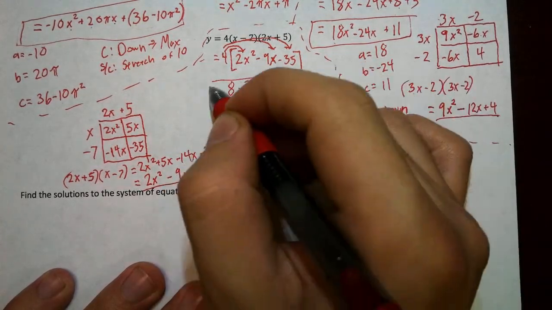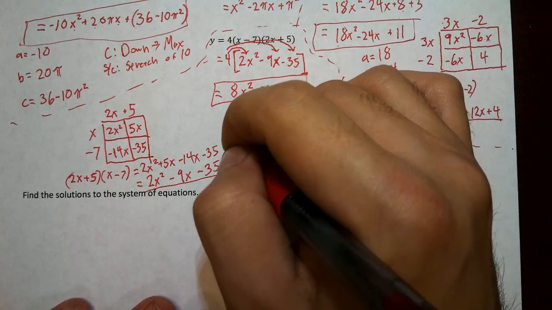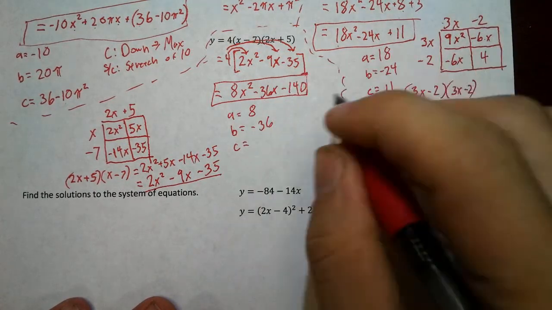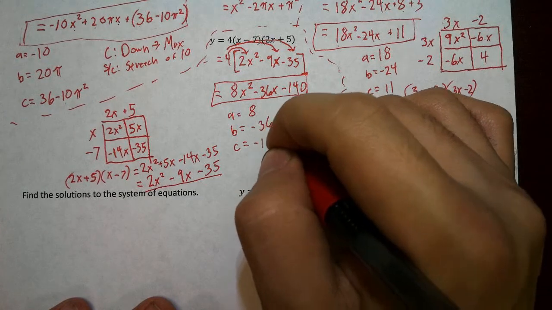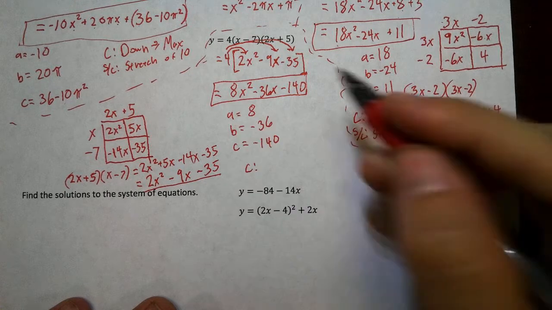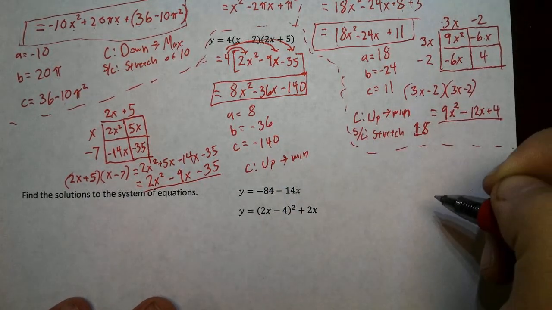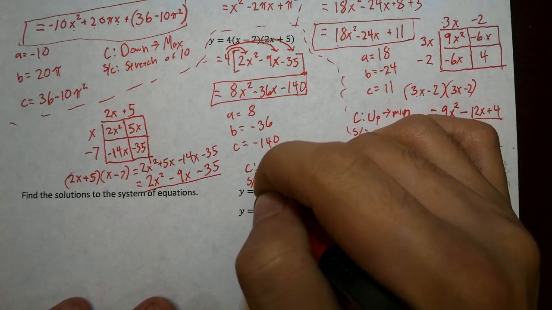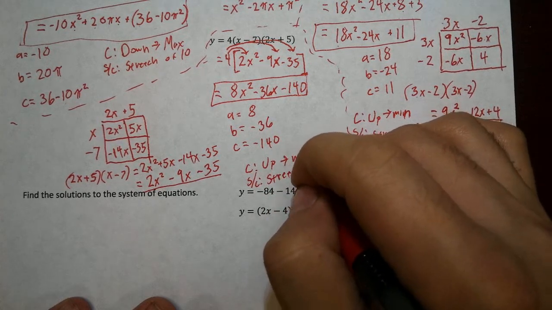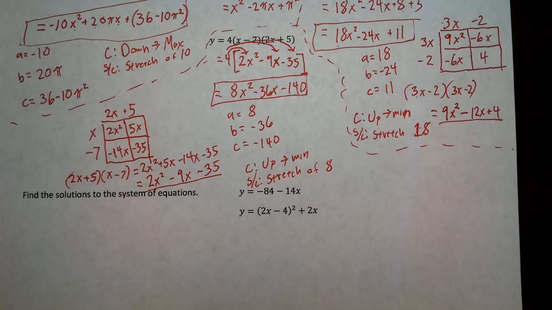And this is our final standard form. Now just reading it off. A is equal to 8, B is equal to negative 36, and C is equal to negative 140. Concavity, it's positive, so it's upwards. It's a min, and stretch slash compression is going to be a stretch of 8. Cool.